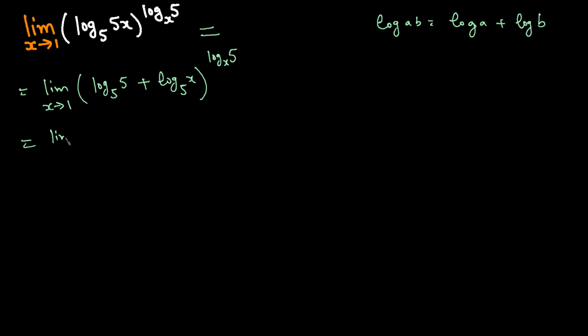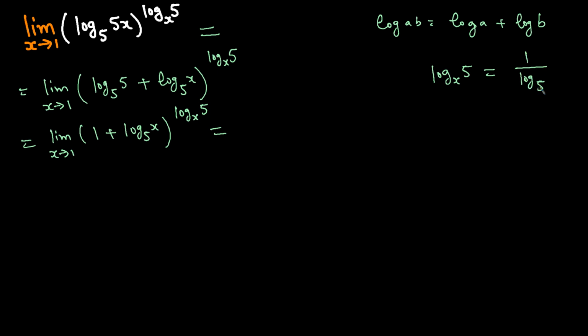So this can be written as limit x approaches 1 of 1 plus log base 5 of x, raised to the power log base x of 5. And log base x of 5 can be rewritten as 1 over log base 5 of x, and that's what we're going to use here.